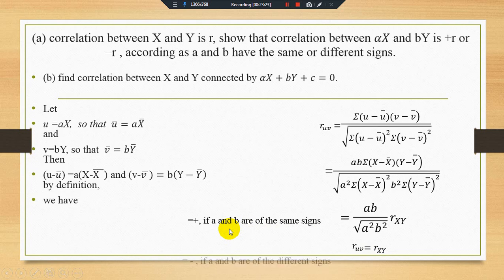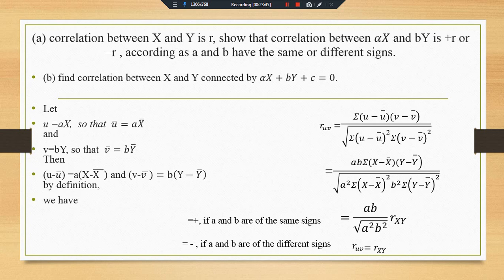If A and B have different signs, then the outcome of the correlation will be negative. So keep in mind: same sign gives positive, different sign gives negative correlation.